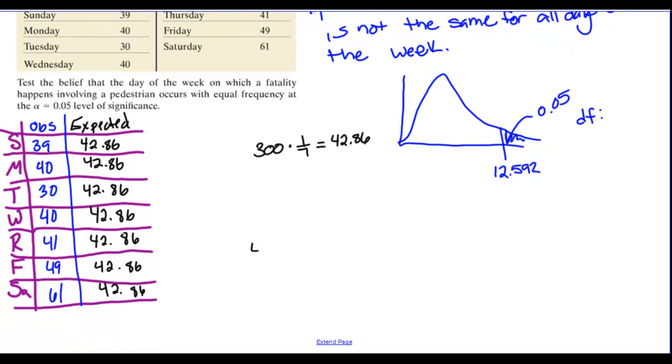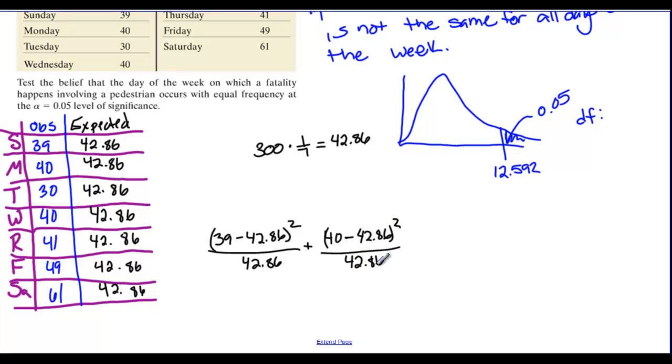So we have 39 minus 42.86, all squared over 42.86, plus 40 minus 42.86 squared over 42.86. And we're going to do this for all days of the week.